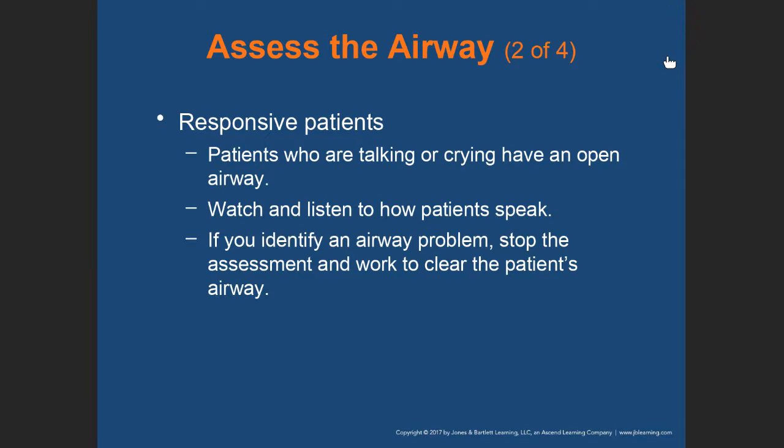Okay. So if a patient has a completely obstructed airway, you can't hear anything. So the fact that this patient groans when you apply pain means that the airway is patent. Now, if it's open or patent, and the patient groans for pain, is this airway adequate?